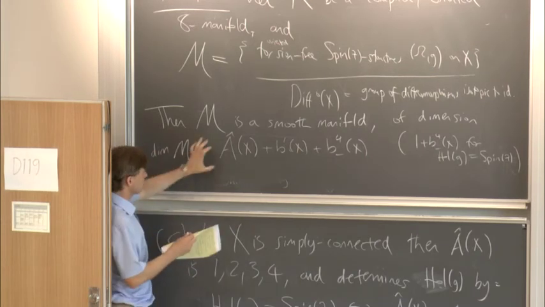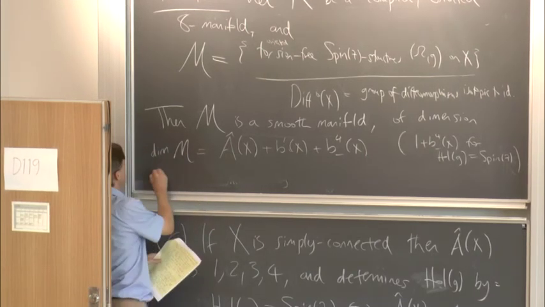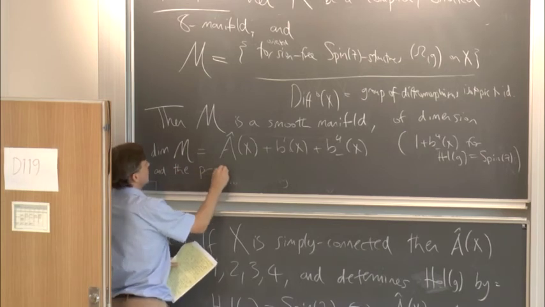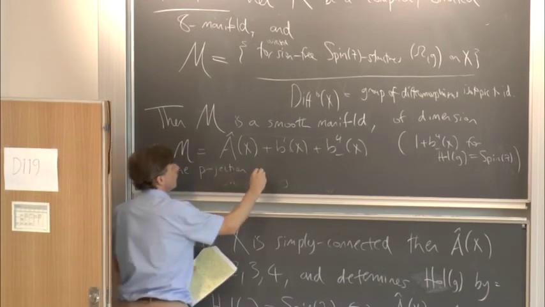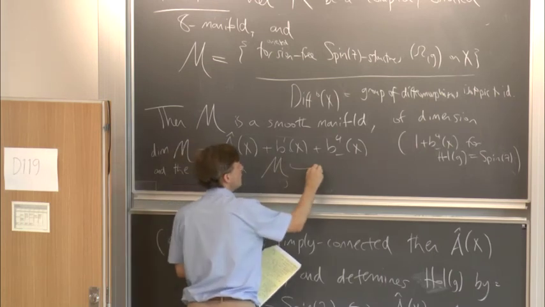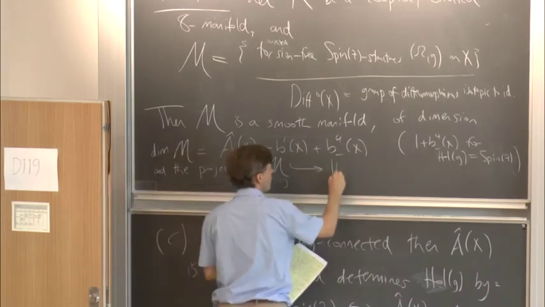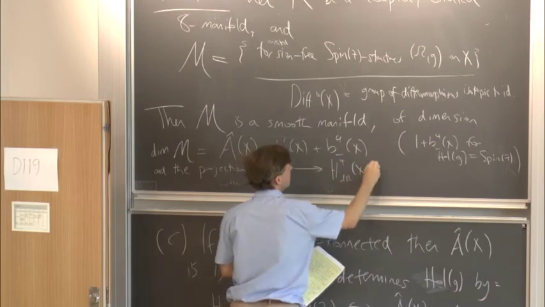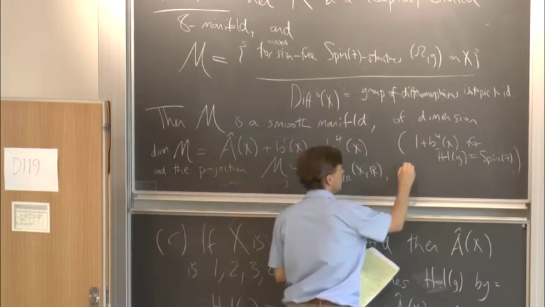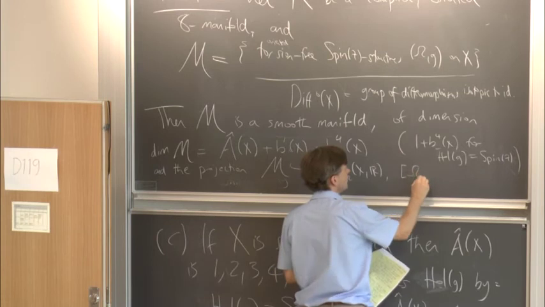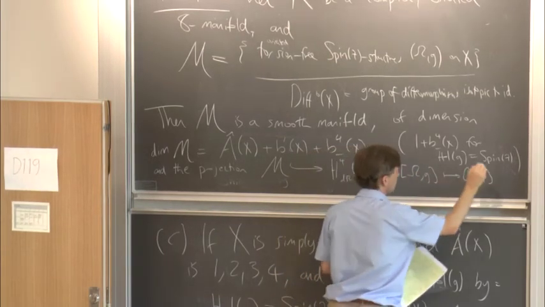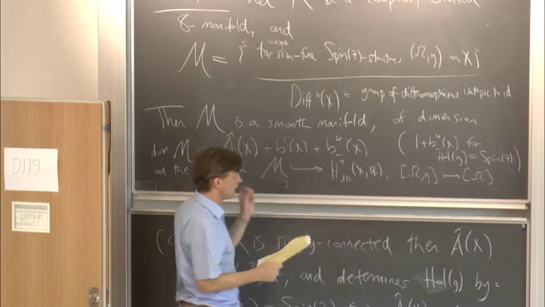So it's a smooth manifold of that dimension, and also the projection from M into H4 de Rham of X, R, taking the diffeomorphism equivalence class of Omega, G, mapped to the de Rham cohomology of Omega.